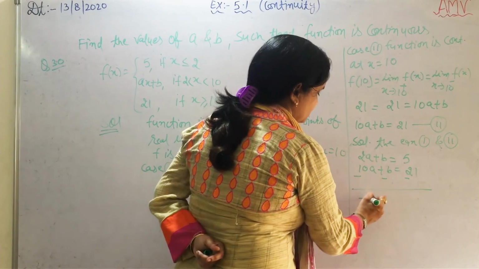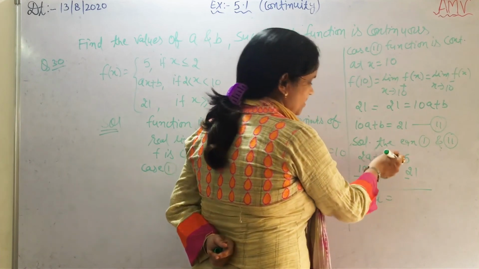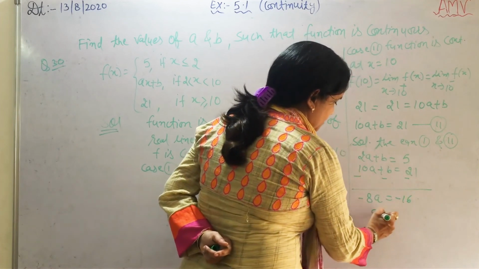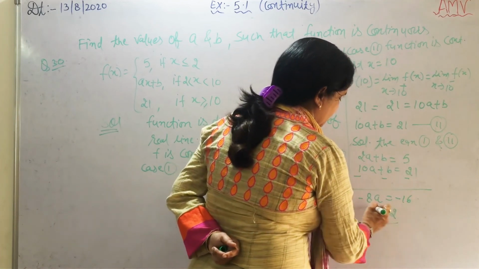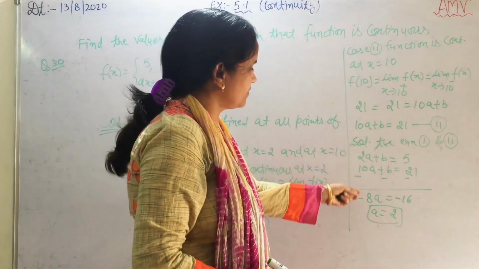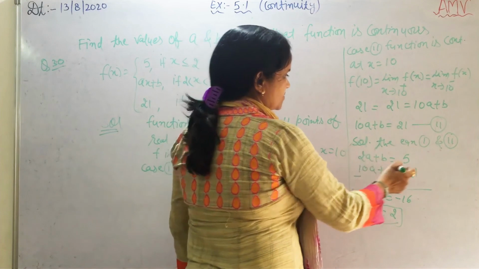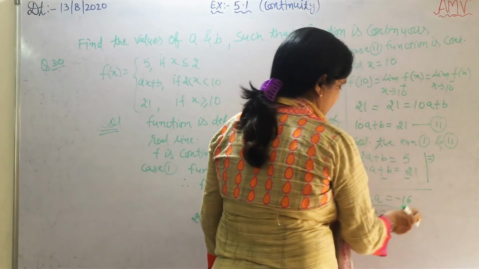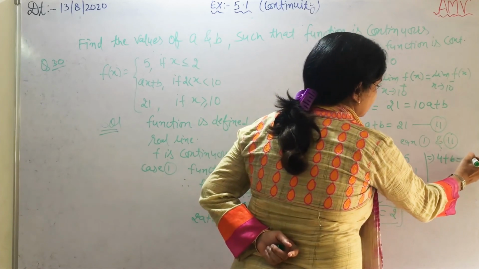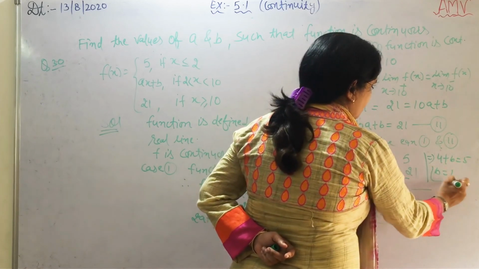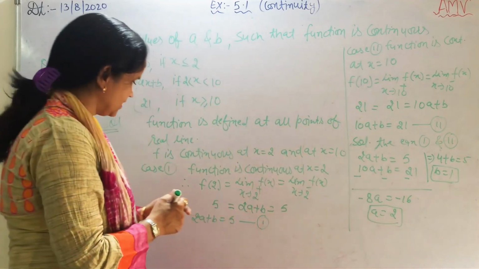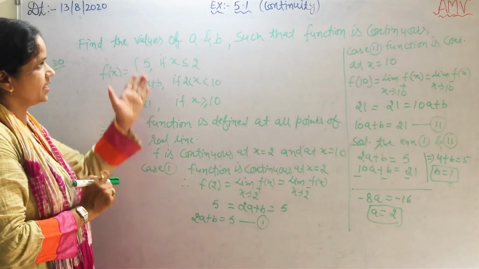Here it's minus 8a, b will cancel, students, and here minus 16. So a is equal to 2. Okay, now substitute a is equal to 2 in any equation. If you substitute in the first equation a is equal to 2, it is 4 plus b is equal to 5 and b is equal to 1. Okay, so a is equal to 2, b is equal to 1. These are the values of a and b.